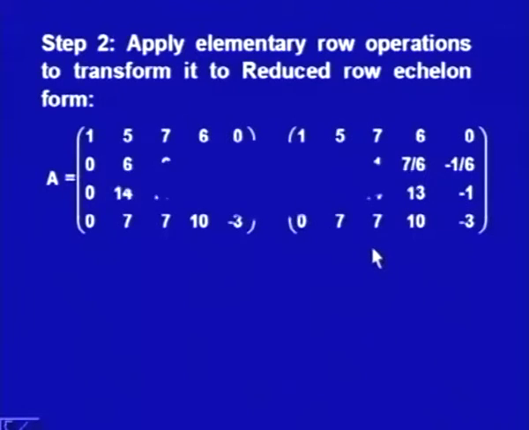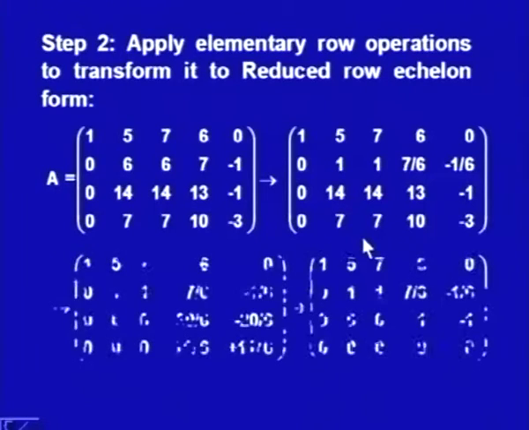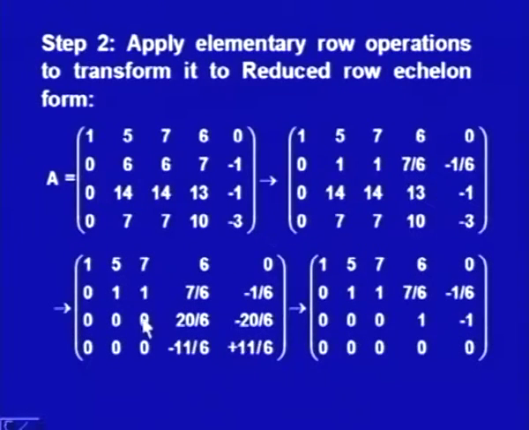I will give you a sequence of steps to do this. I keep the first row as it is, and first try to make the first column 0. When I apply the linear transformation, the matrix A reduces to this form, and from this we apply more transformations, so that it further reduces to this form, and then to this form.